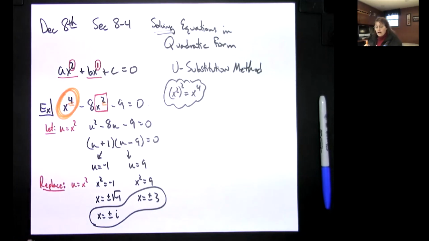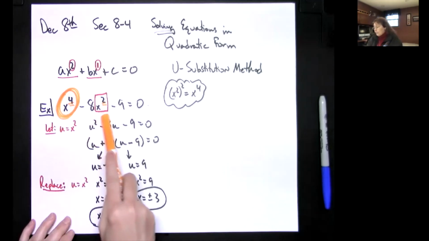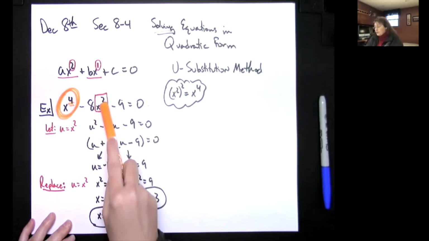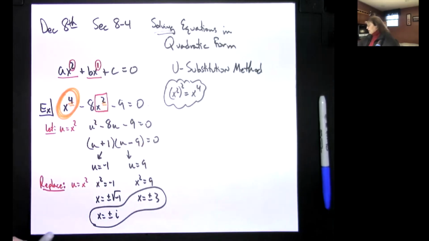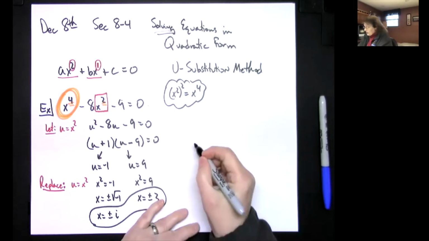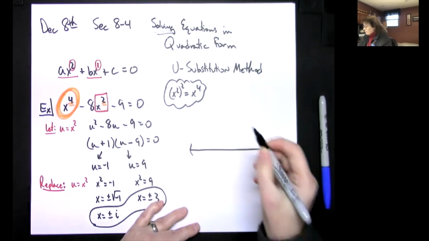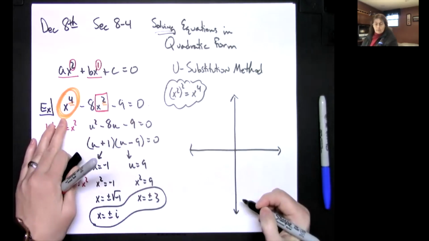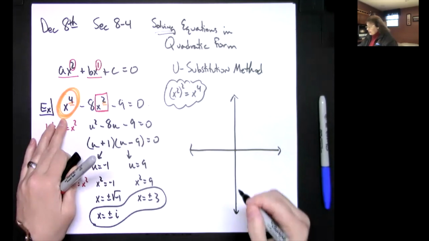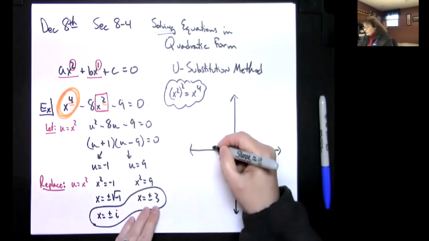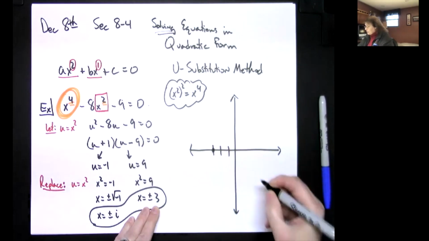And if we actually take a look at the graph, if we were to put this in our graphing calculator, x to the 4th minus 8x squared minus 9, what's going to happen? I'll give you a little rough sketch here. If we were to put this original thing in for y1 and then graph it and look at it, we know we've got solutions of plus or minus 3, so we know it's going to go through there.